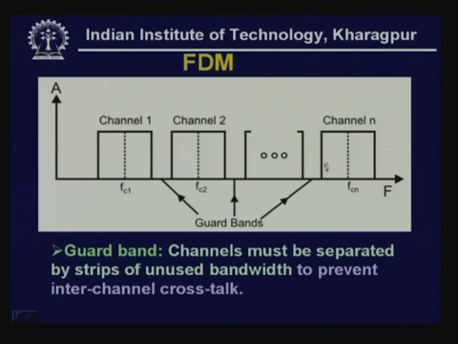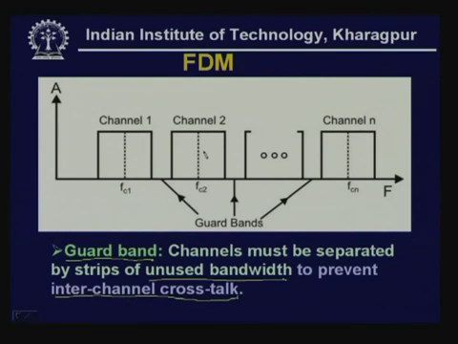In this way, you have channel n with subcarrier frequency FCN. Now, as you can see, between each band there is a small gap, and this is known as the guard band. This guard band is necessary so that the channels, which must be separated by strips of unused bandwidth, that is the guard band, are protected to prevent inter-channel crosstalk.